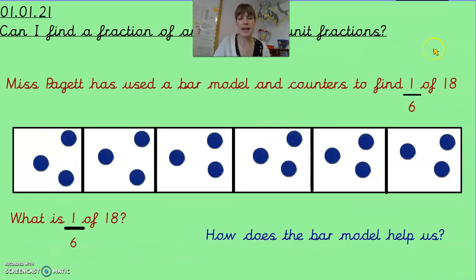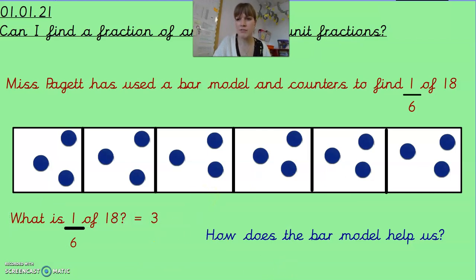So here we have Miss Paget has used a bar model and counters to find 1/6 of 18. So what is 1/6 of 18? Shout out for me, guys. Write it down. If you said it is 3, you're a superstar. Equals 3.